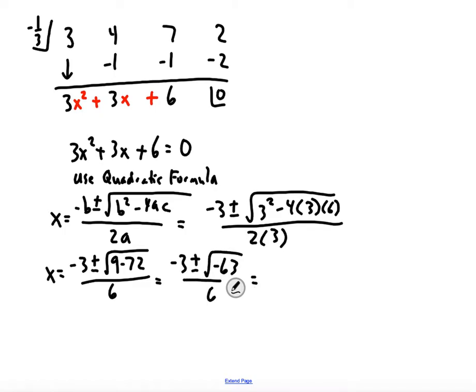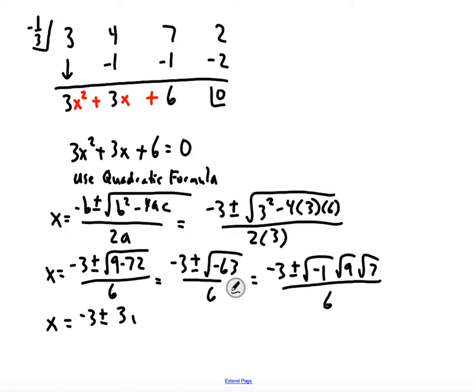Break down the square root of -63. So remember, the square root of -1 is equal to i. And the square root of 9 there is 3, so you get a 3i times the square root of 7.